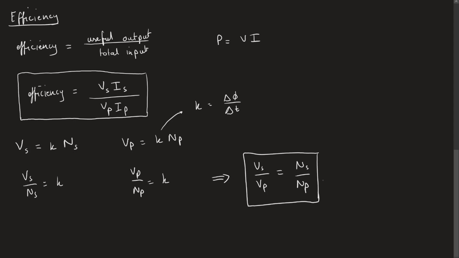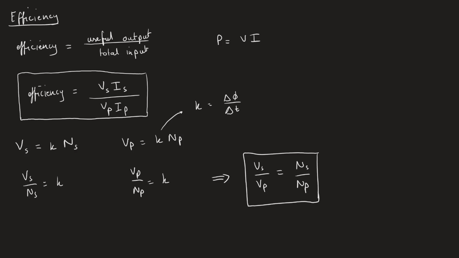Now, this equation is useful when you're trying to predict what the potential across the secondary coil would be, or what the potential across the primary coil would be, or how many turns you would need to produce this potential, and so forth. Okay? And these are the only two equations that you actually get given for transformers. You will be asked, obviously, to apply Faraday's law to transformers as well.